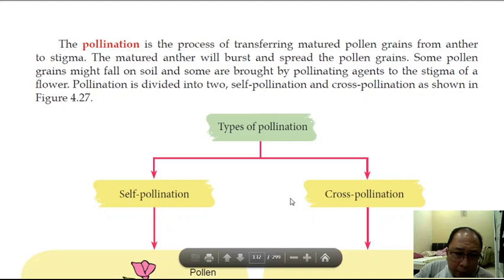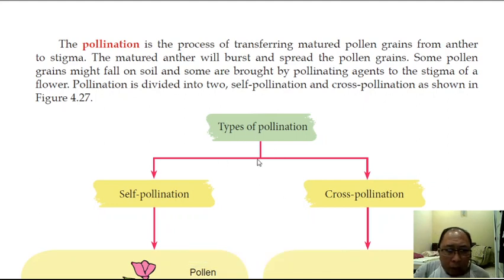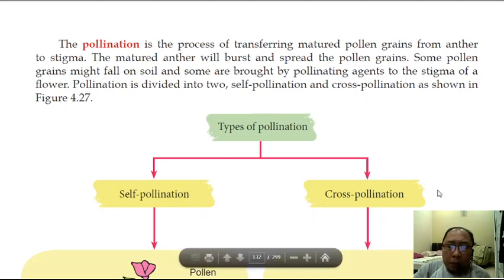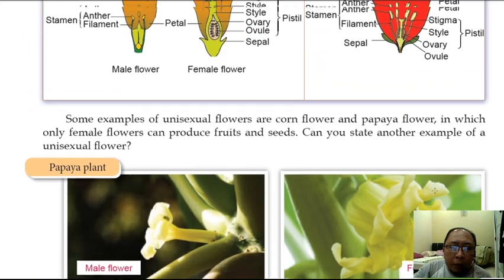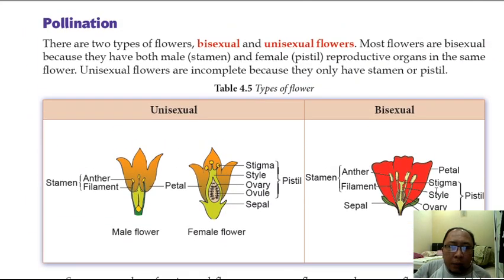pollination process, there are two types of pollination, that are self-pollination and cross-pollination. Okay, before that, we will discuss about this one. Okay, about types of flowers. There are two types of flowers, bisexual and unisexual flowers.